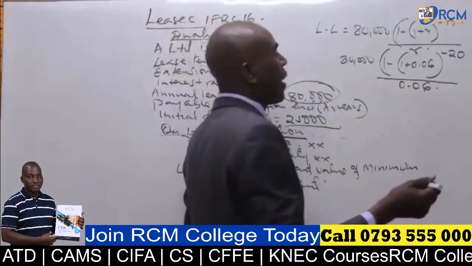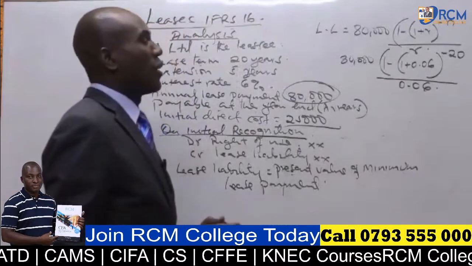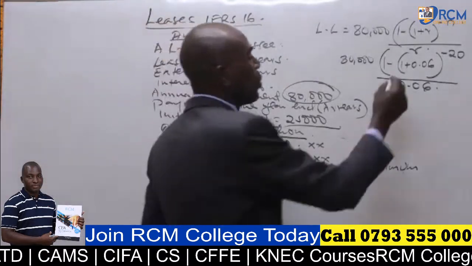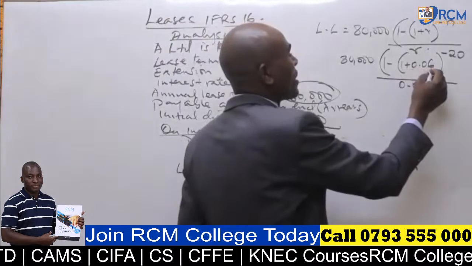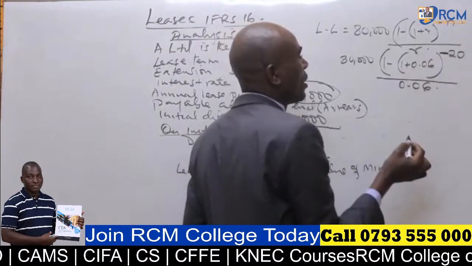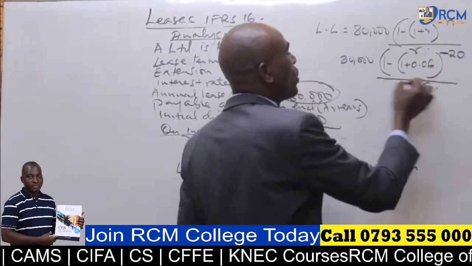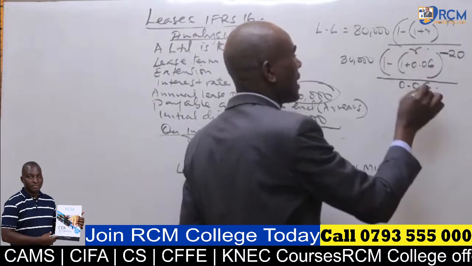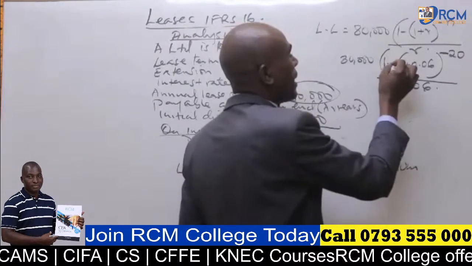Therefore, if I want to put it on a calculator, I know many of you forgot the FM. You take 1 plus 0.06, you raise to negative 20, then you divide by 0.06, you will say 1 minus.